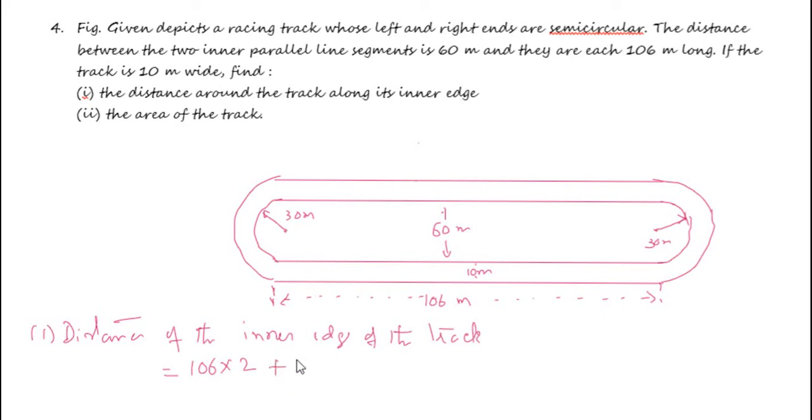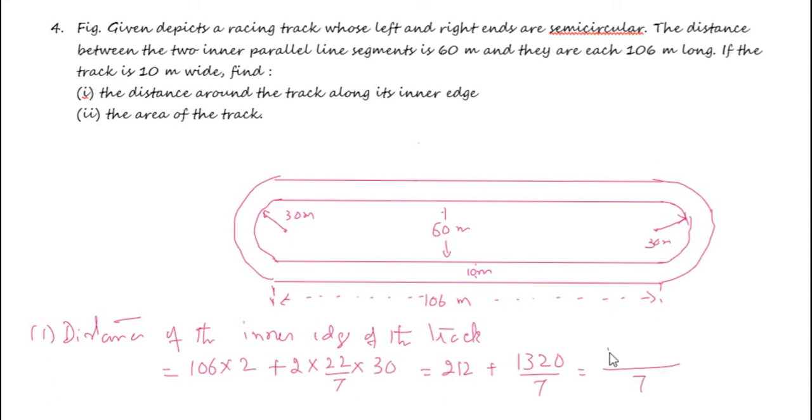So it is plus 2 into pi, pi is 22 divided by 7, into r. R is 30. It is 212 plus 44 into 30, that is 1320 divided by 7, with 7 as the LCM.